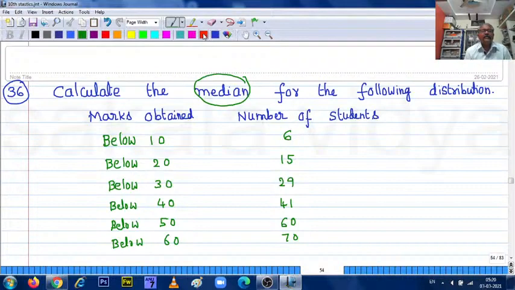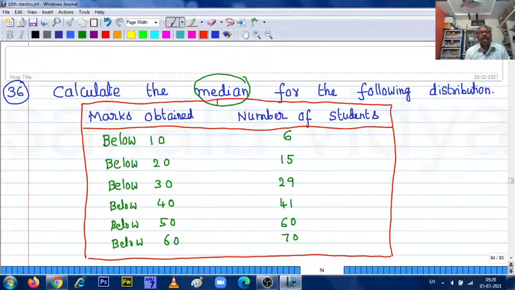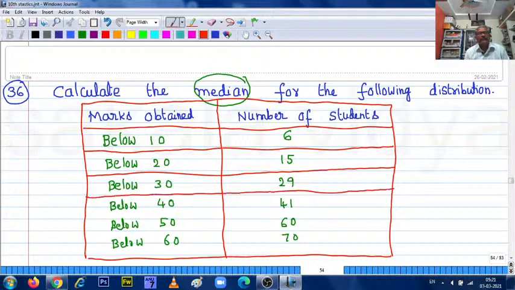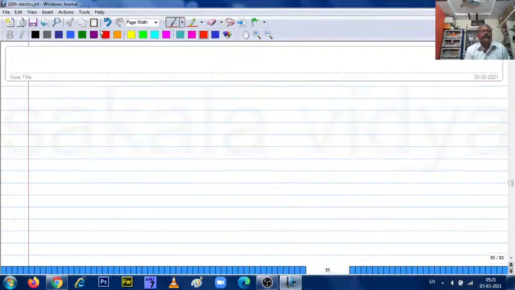So, this is the table given. All of you look at the screen. Let us proceed for the solution now.